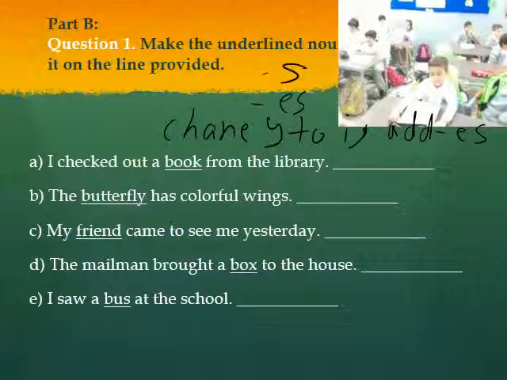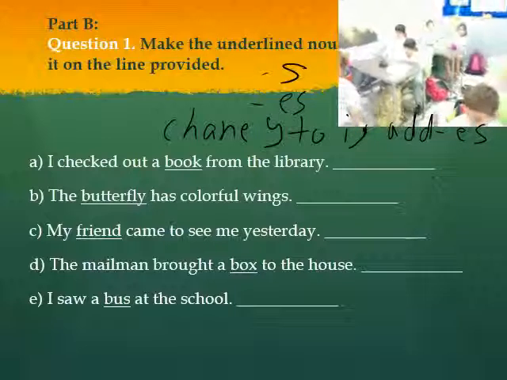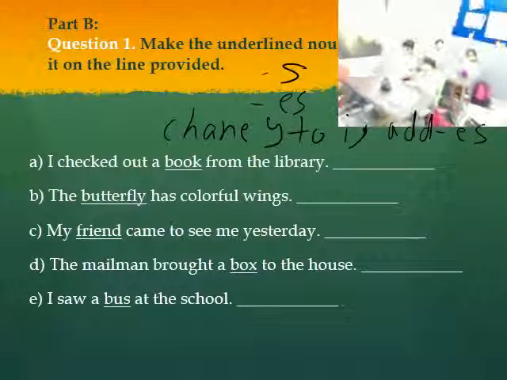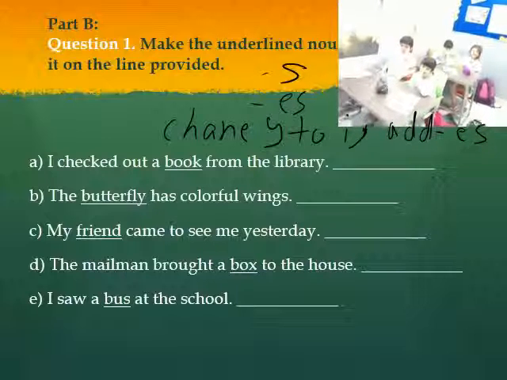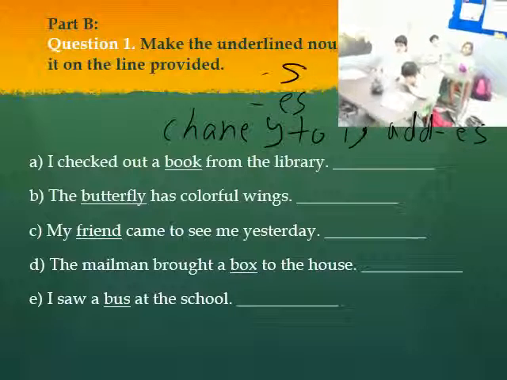Okay? Now, when do we add s and when do we add es? Raise your hands, please. Dima, when do we add s? In most nouns, we add s. Okay, when do we add es?